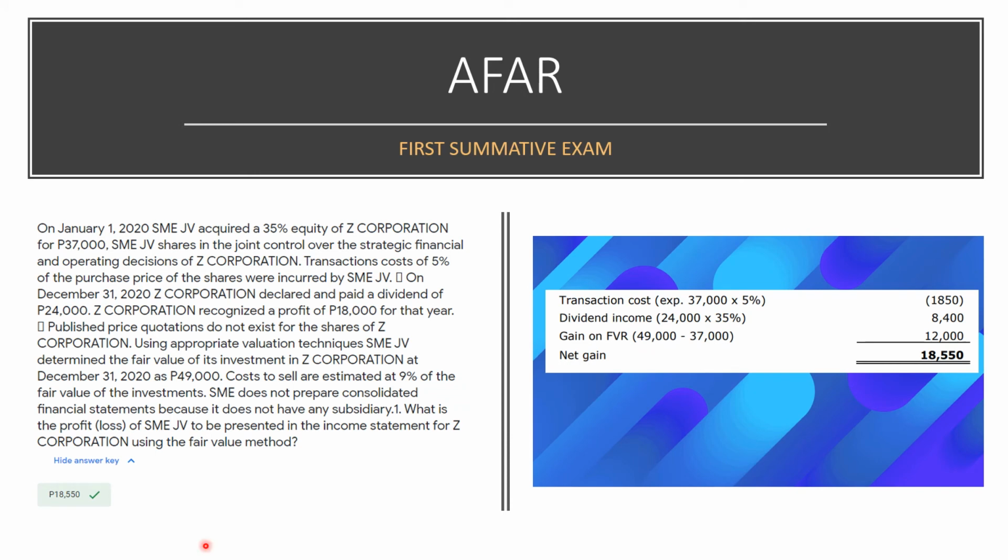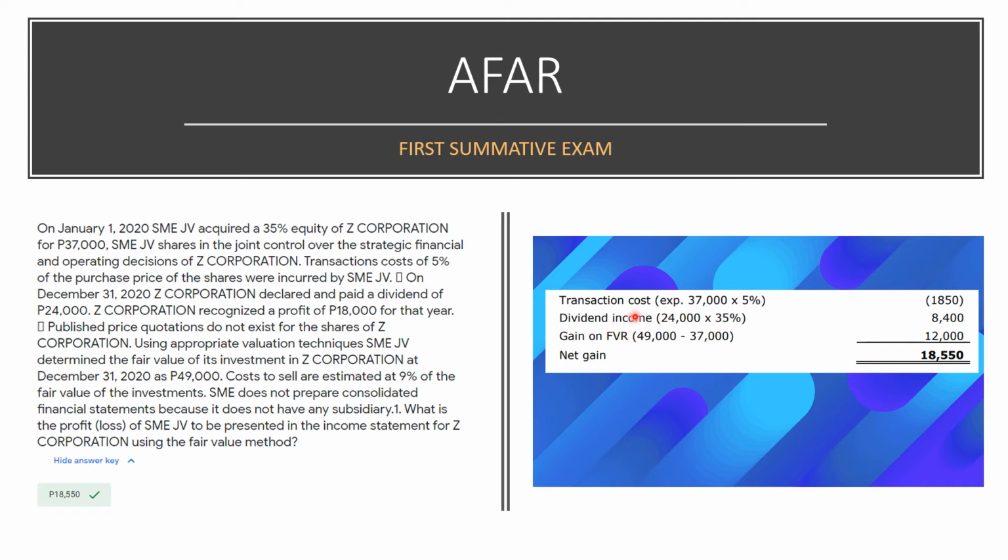Okay, so our next problem is joint venture pa rin. Our answer here is net gain of 18,550. So actually everyone got it correctly, but maybe na-overlook lang ng isa, hindi nalagyan or na-leave blank lang, no? But for clarity purpose, I just included here the answer, no? So it's 18,550.